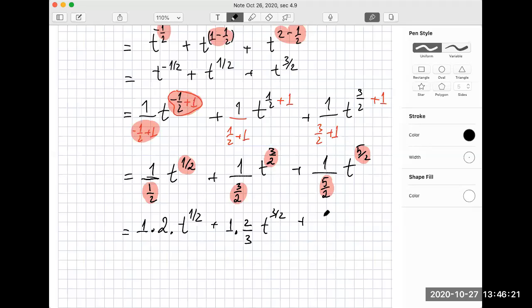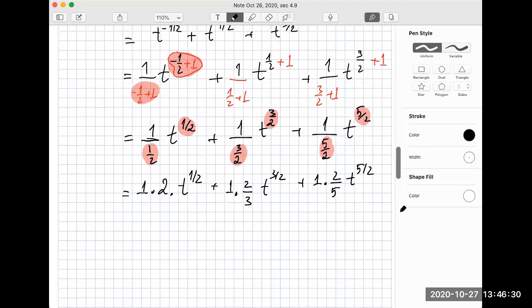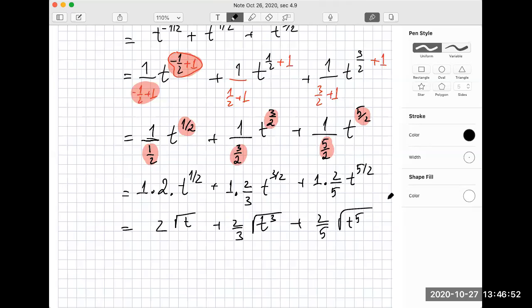And yes. Very well. Then we found it, right? 2 times 1 would be 2, t to the 1/2, or we can write it as square root of t, plus 2 over 3, t cubed square root, plus 2 over 5 here, t to the 5th square root.